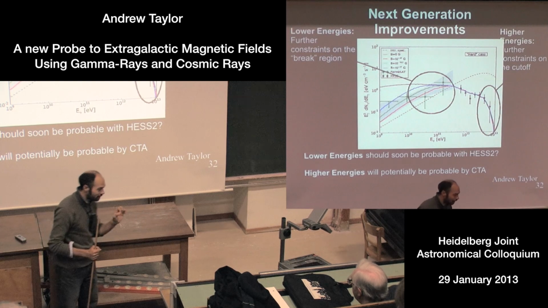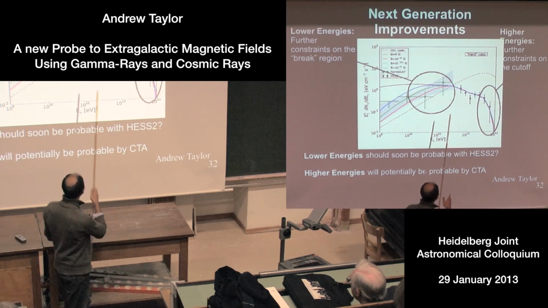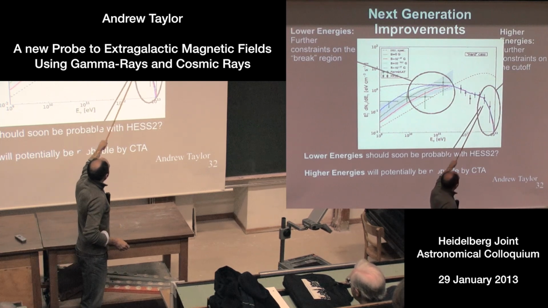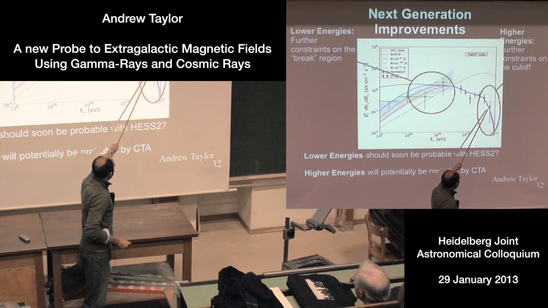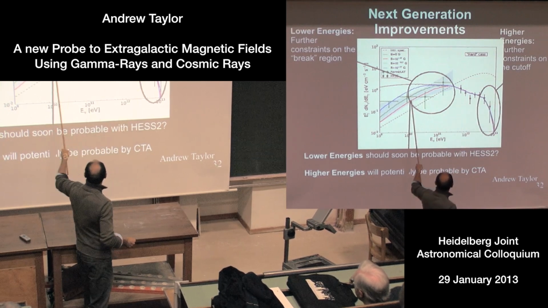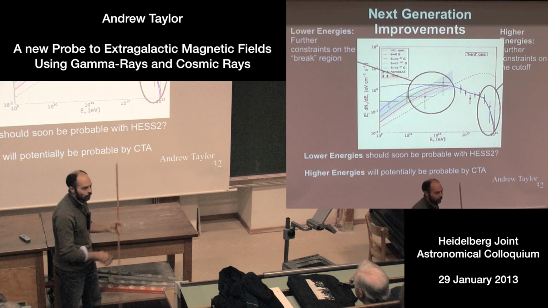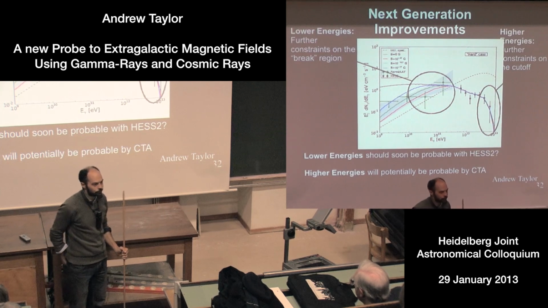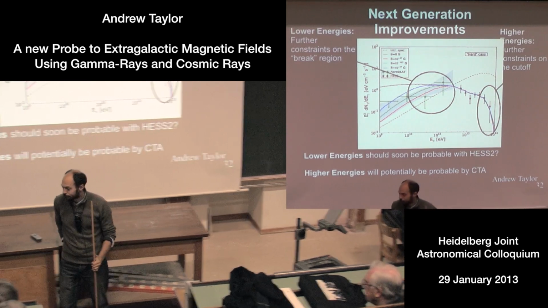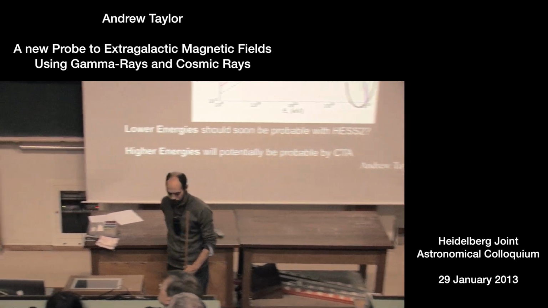Essentially, a 10 to the minus 17 Gauss field means that the difference in time for these photons and these photons is about 3 years to arrive. I think with that, we kind of run out of time.